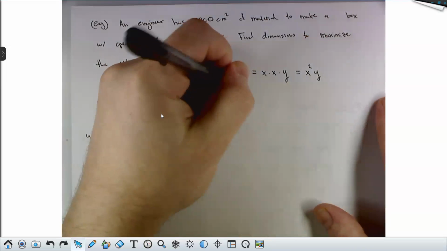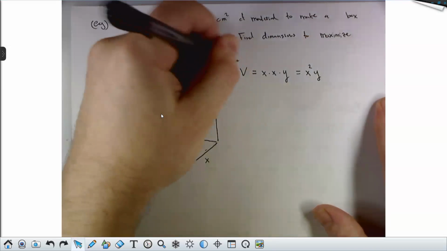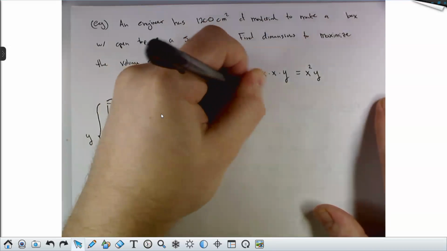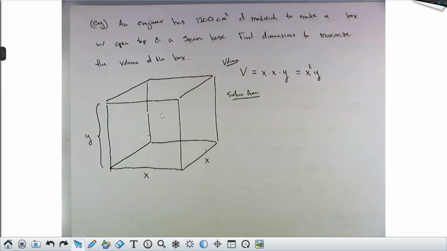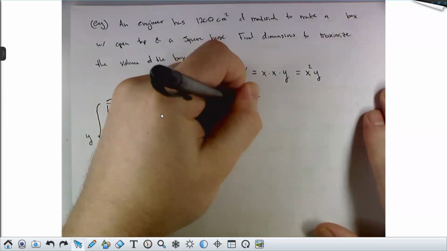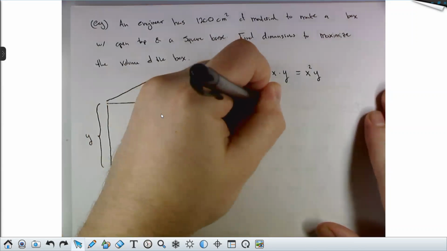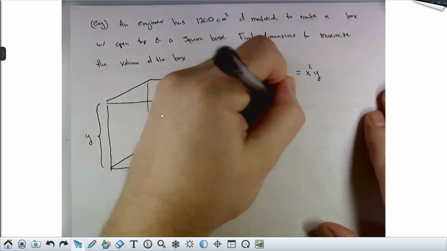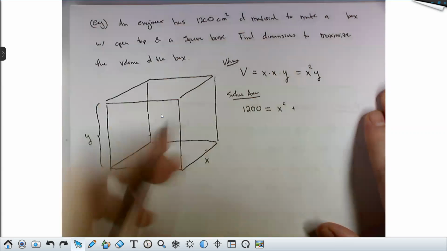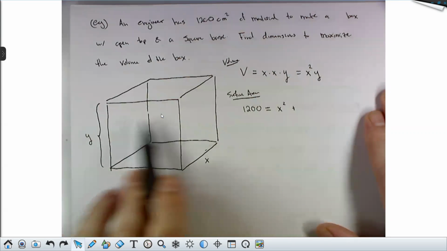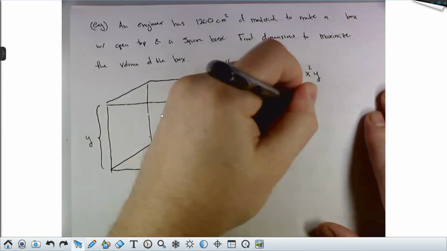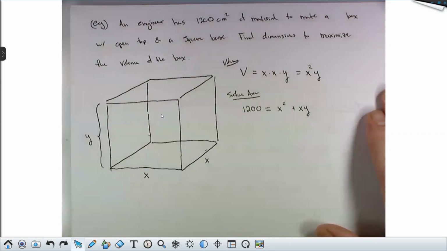The surface area of the box, that's the amount of material I have to play with. So on the one hand, that has to be 1200. But on the other hand, how much material do I have here? Well, the base is an X by X square. So that's X squared. Each of these sides, there's 1, 2, 3, 4 sides, and each one of those is X by Y. And then the top is open. There's nothing for the top.